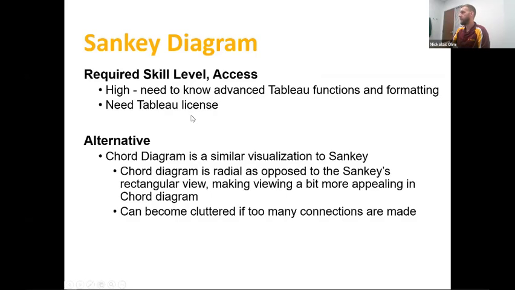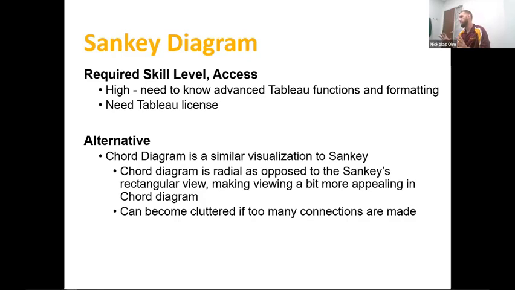Okay, back to the Sankey diagram. So you do need a Tableau license if you're building that in Tableau, or if you want to build it in R, but that requires a higher level skill set. An alternative to the Sankey diagram is a chord diagram.